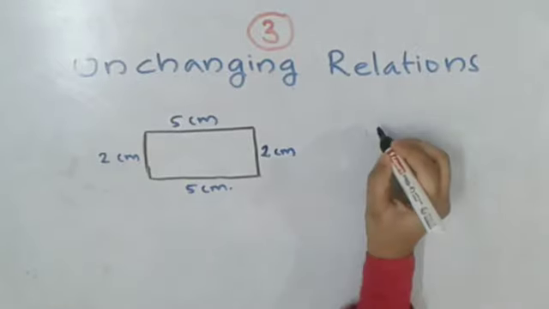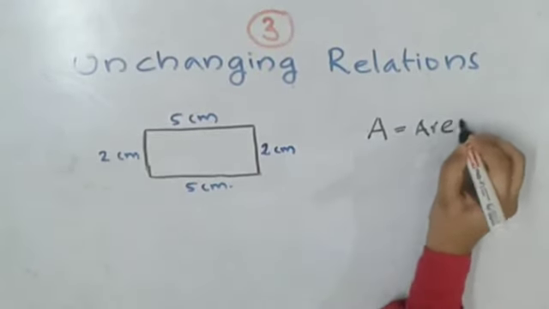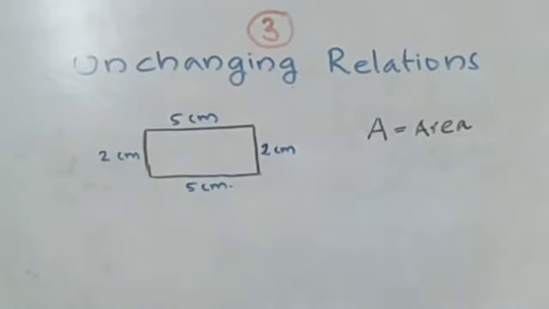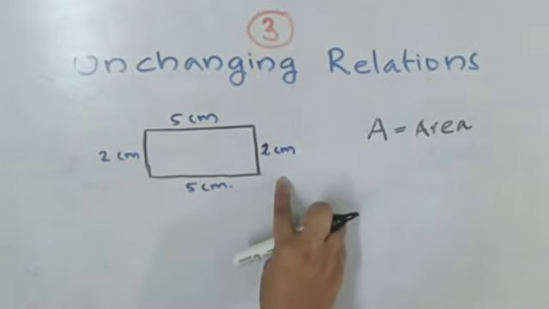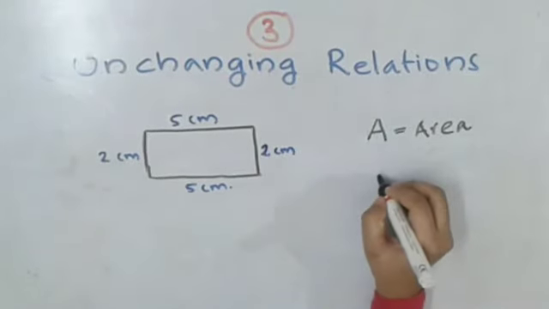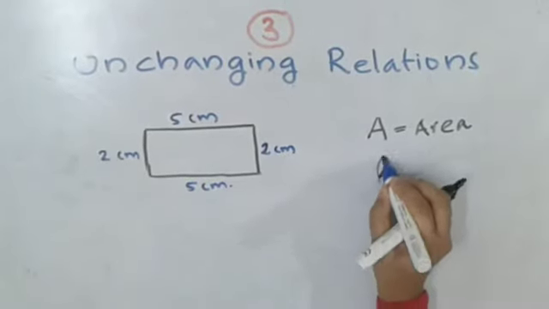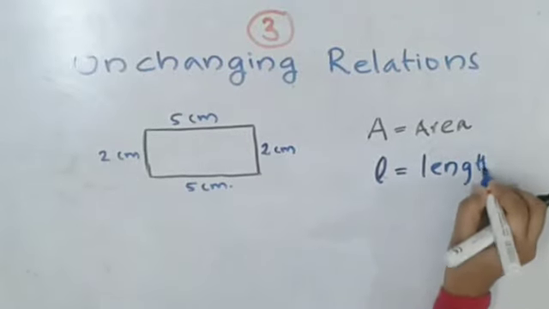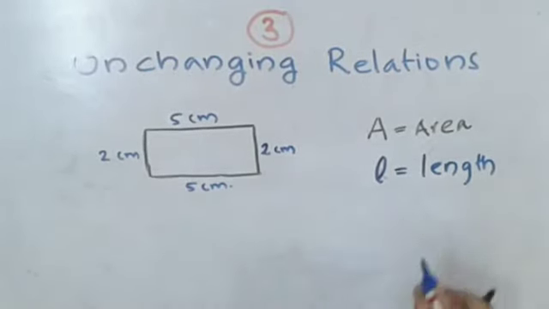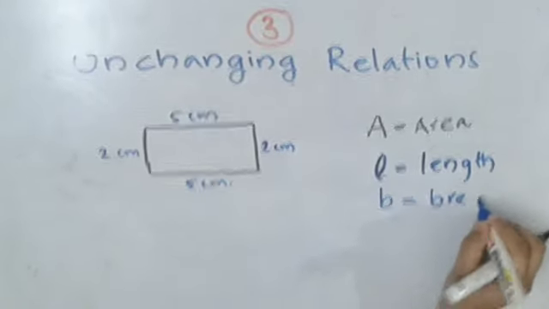We can represent area as A. Then we can represent length. This is length and this is breadth. That is, length is equal to L. Okay? L is equal to length. Then this is breadth, so I am writing here B. B is equal to breadth.